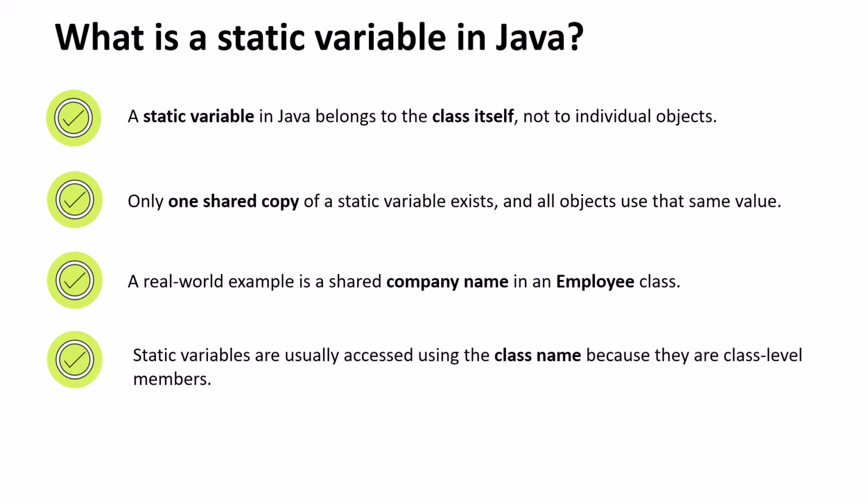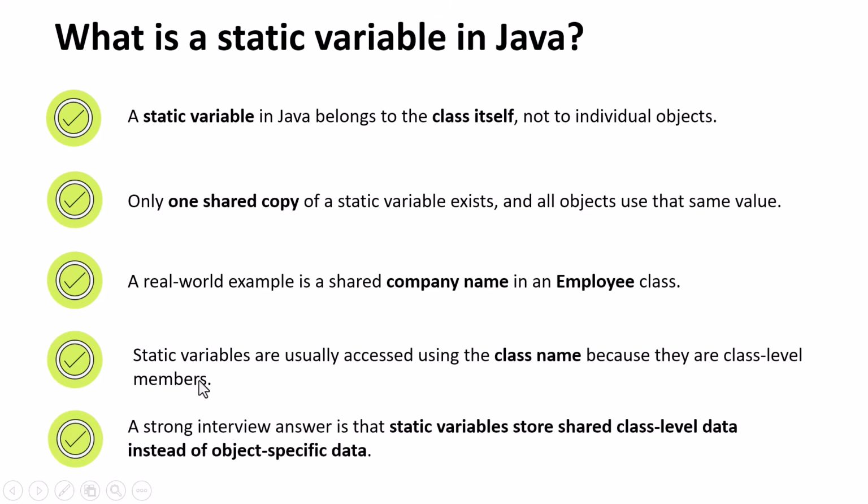Another important interview point is that static variables are usually accessed using the class name, not through objects. This makes it clear that the variable belongs to the class level and is shared by all instances. The main benefit of static variables is that they are useful for shared data, counters, configuration constants, and class level state.